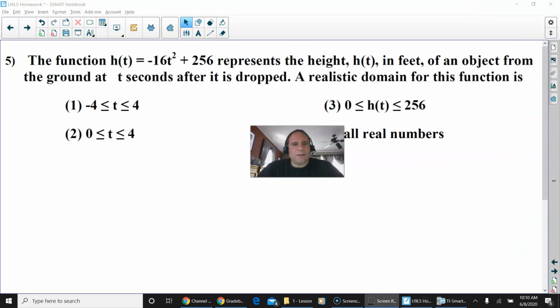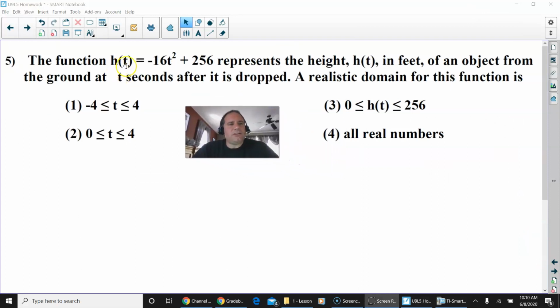All right. So the function h of t equals negative 16t squared plus 256 represents the height h in feet of an object from the ground at t seconds after it's dropped. A realistic domain for this function is, just remember what the domain is though.